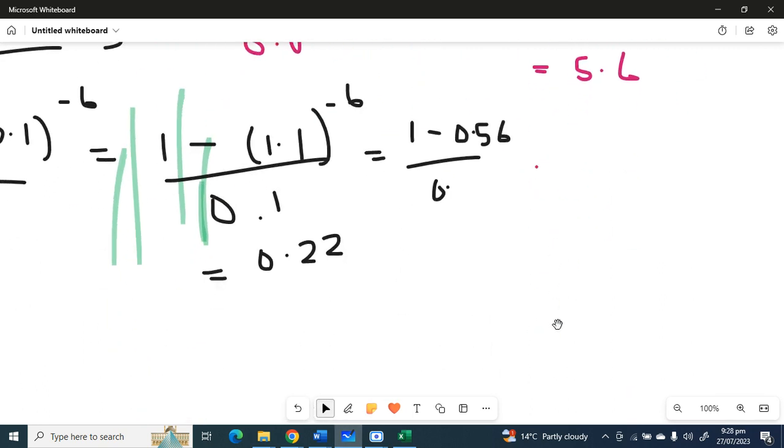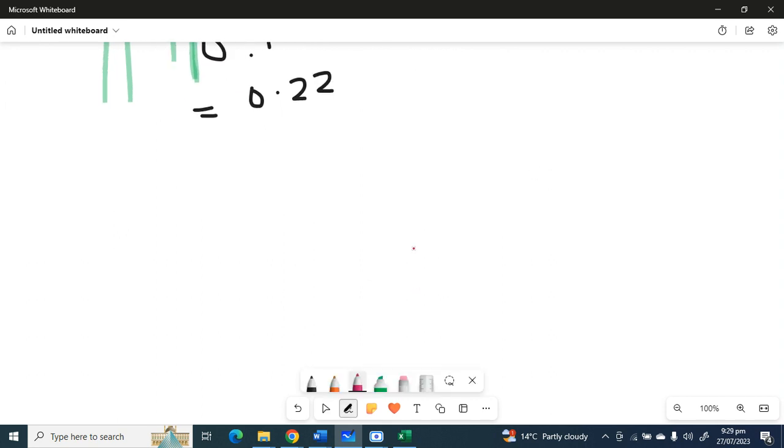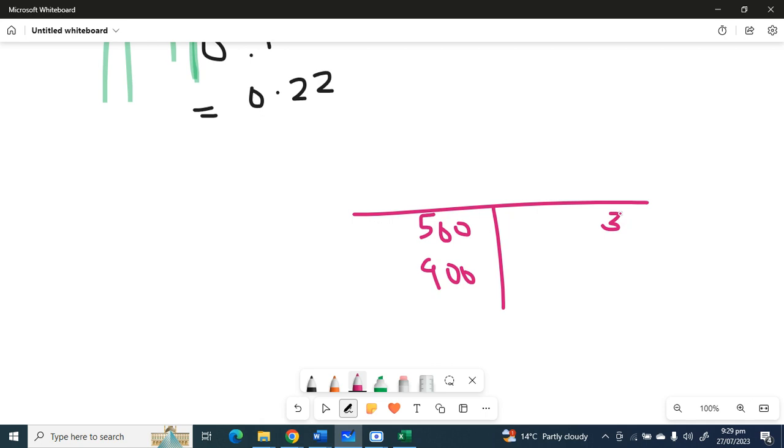For example, here we have 500, 900, and 300. Let's say 50 here. So the first thing you want to do is total up both sides. You total up the debit side and you also total up the credit side. You're going to see which side is heavier.